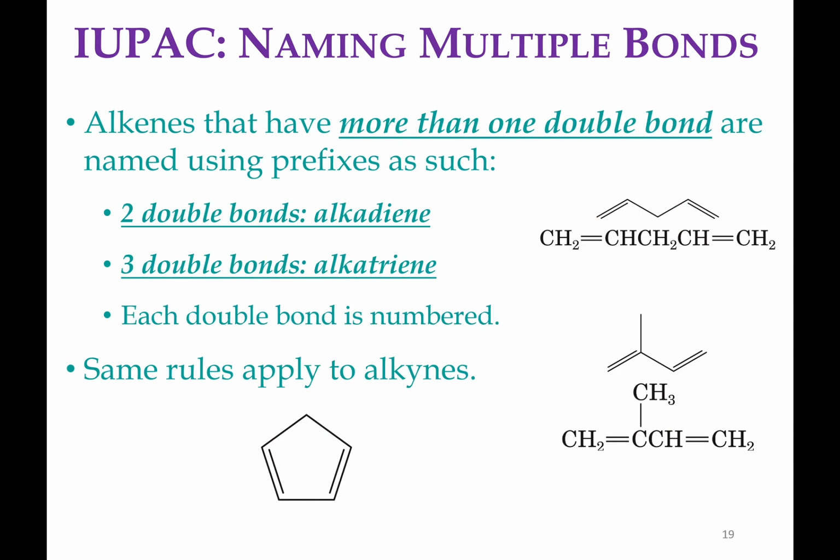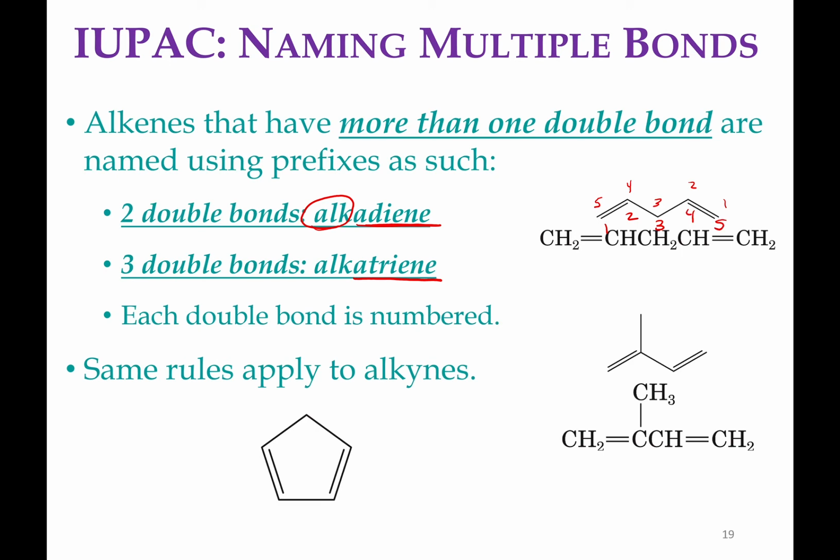All right. Alkenes that have more than one double bond are named using prefixes. So whatever the name for the alkane, a diene, a triene. So let's look at this one here. We have 1, 2, 3, 4, 5, or 1, 2, 3, 4, 5.